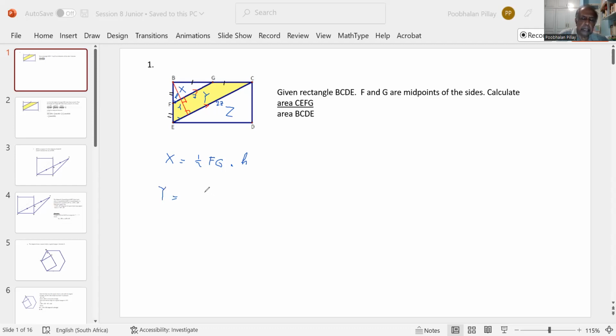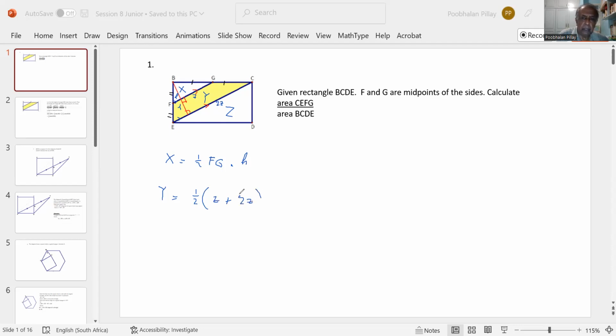What is Y? Y is a trapezium, because only one pair of opposite sides are parallel. And we know the area of a trapezium, I said this earlier on, is half the sum of the parallel sides times the height. This side here is Z, and the other parallel side is 2Z.